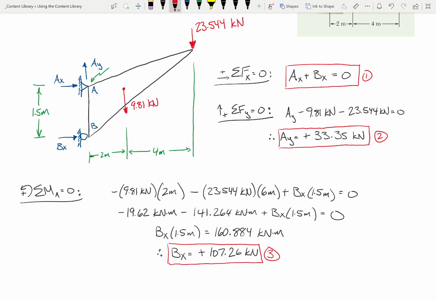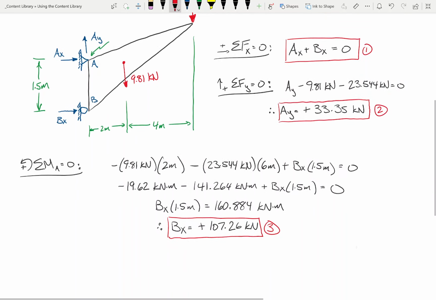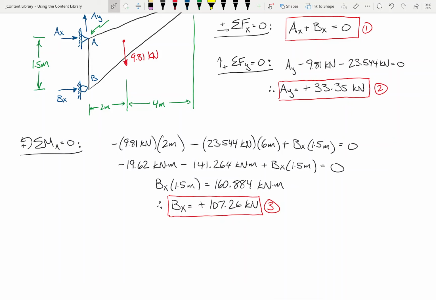Now, really, any one of these lines could be considered equation 3, but really what I'm doing is just taking the simplest form. And as for the very last step, all we need to do is plug 3 into 1. So in other words, if you look at the 3 equations, I have a value for AY, I have a value for BX, but I don't have a value for AX, so I need to plug this BX term into that.